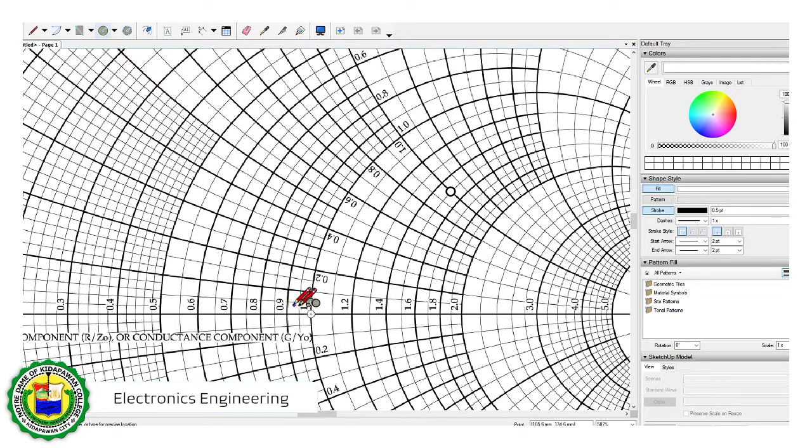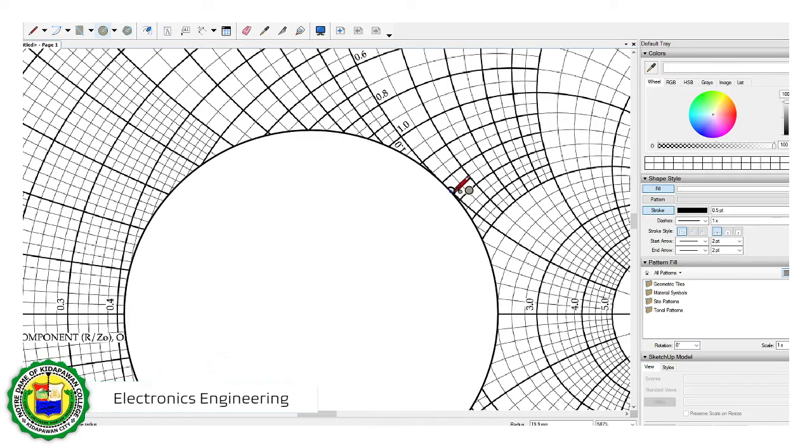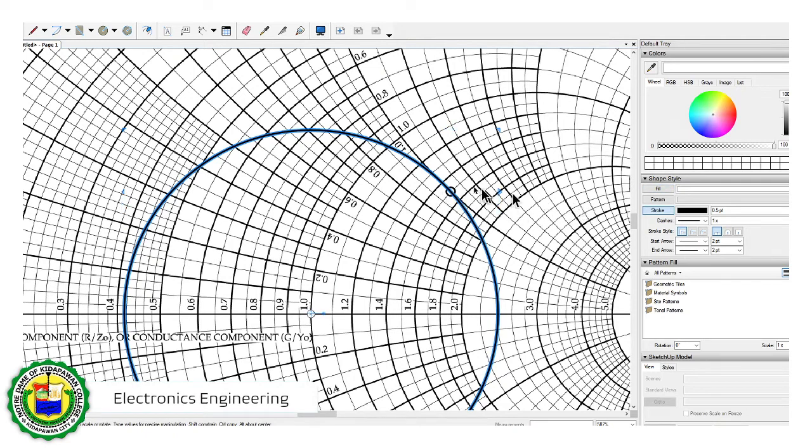Let me draw the circle again. Turning off the fill. That's the correct point right there above, because we are all positive. Anyway, proceeding with that one.